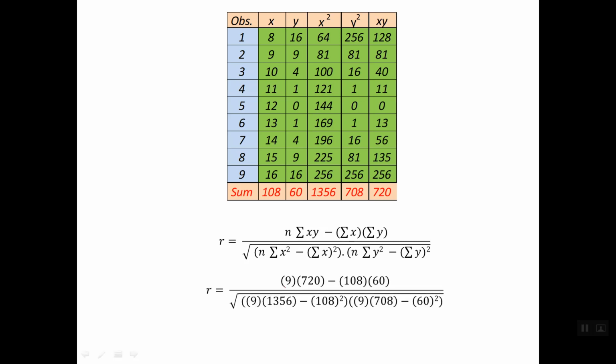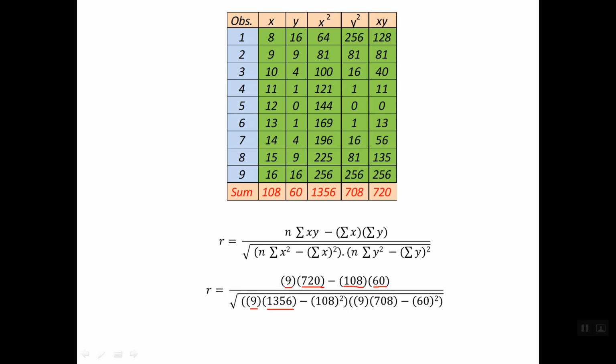We have n here, 9 observations. Summation of xy is 720 minus summation of x, which is 108, multiplied by summation of y, which is 60, divided by the square root. This is n.